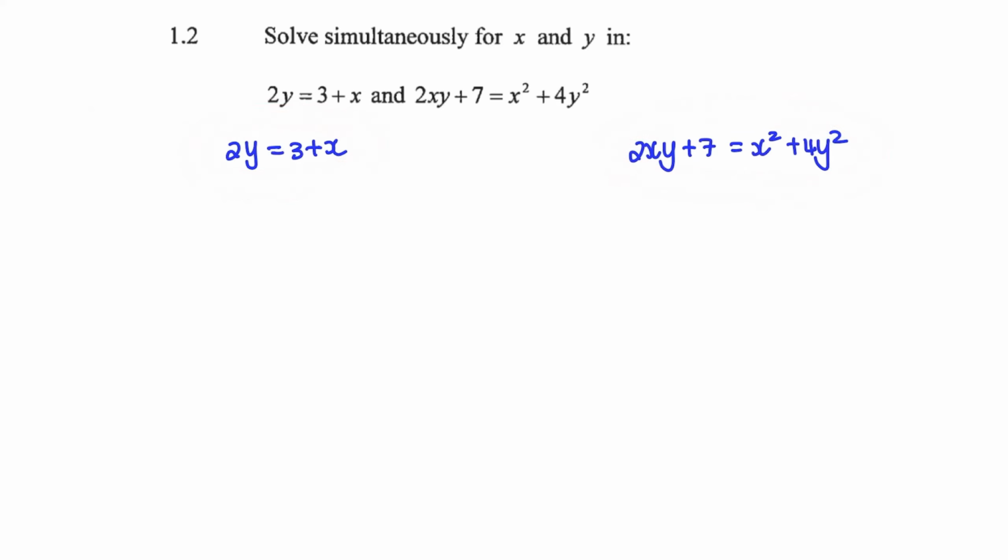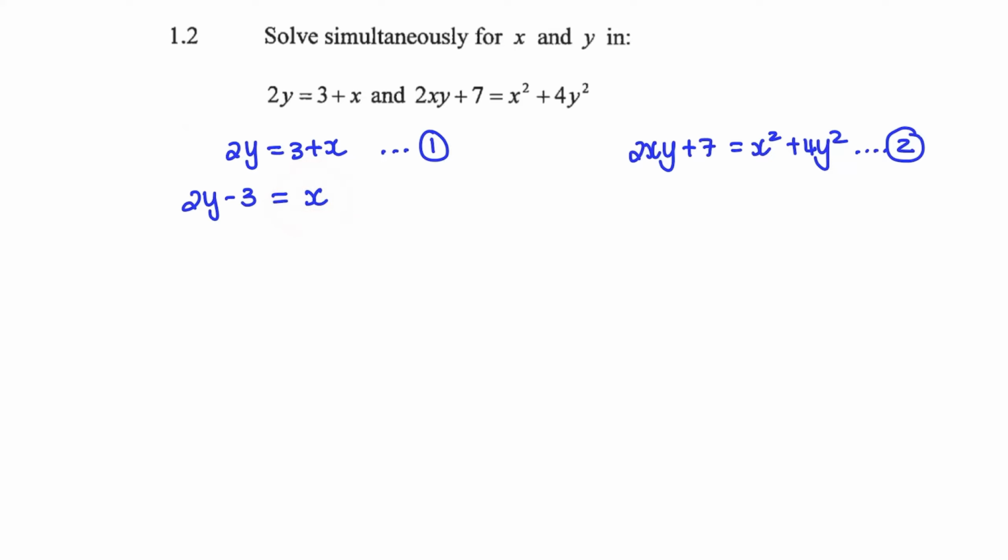Then I can see that the equation on the left, let's call that equation number 1, is simpler than the equation on the right, let's call that equation number 2. And I can easily manipulate this equation to find x alone on the one side. That means to make x the subject of the formula.